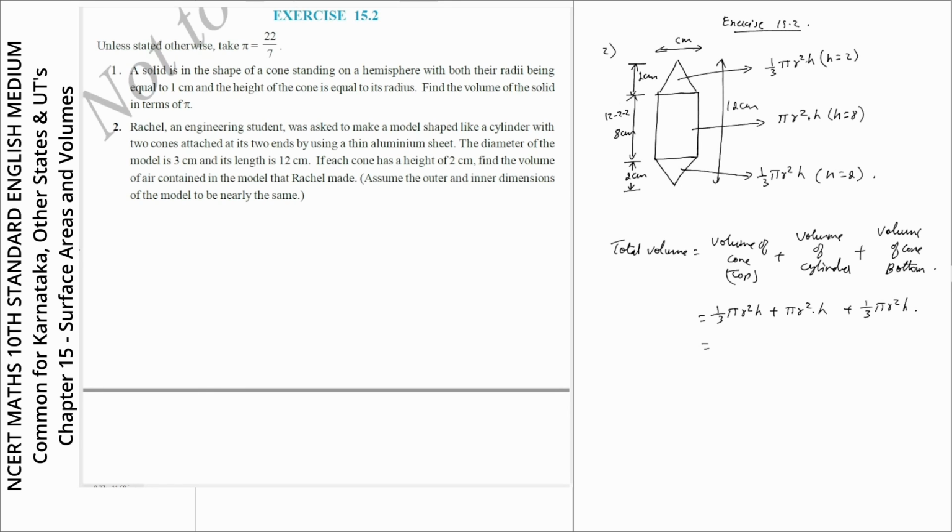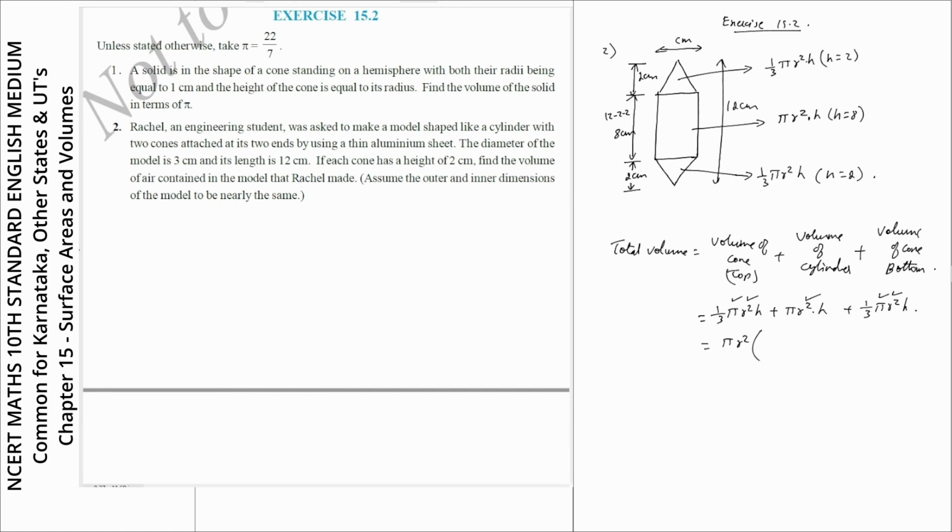Now in all the three, what all can I take common? I can take pi common, and I can take r square also common. So pi r square I'll take common. I'm left with, in the first one, h/3.